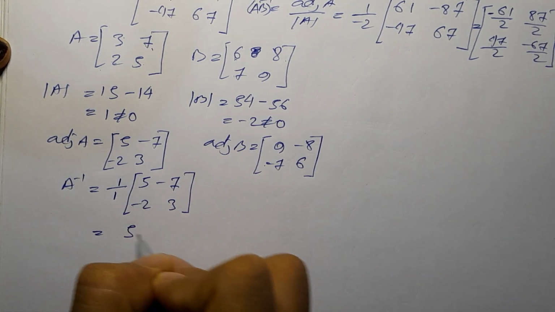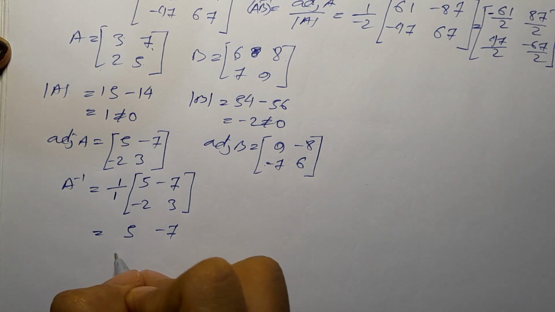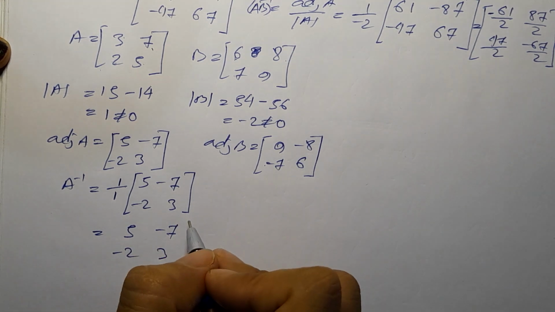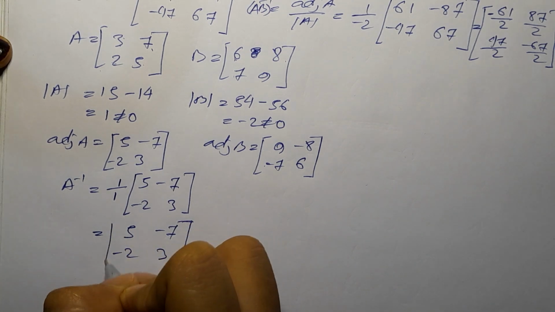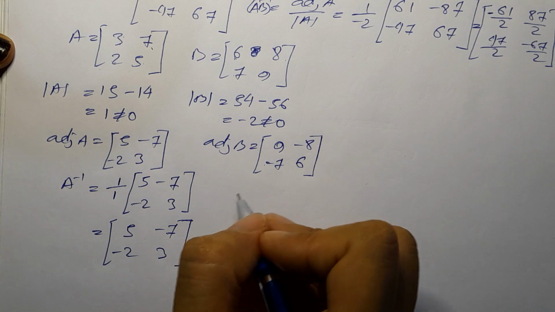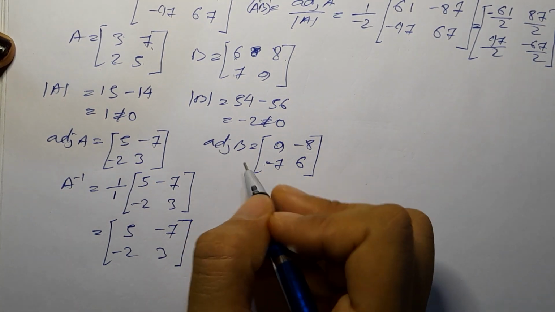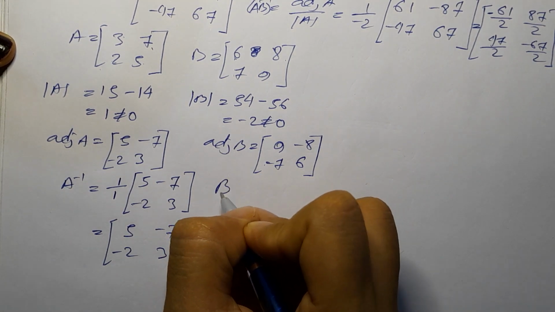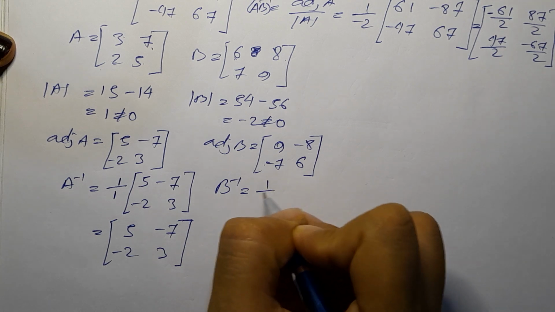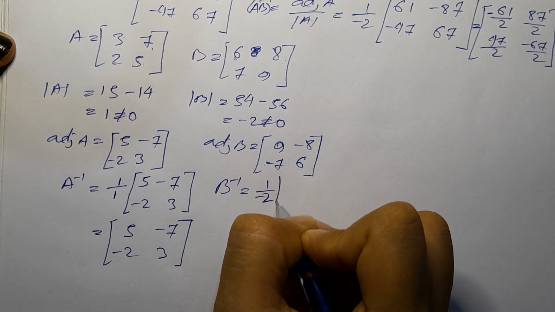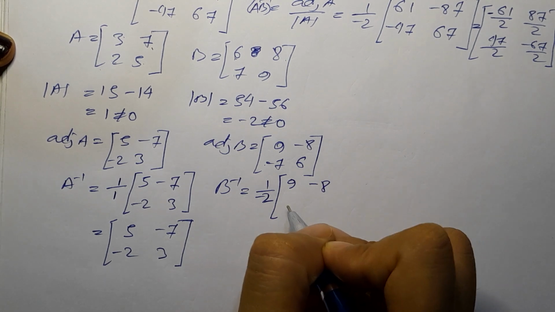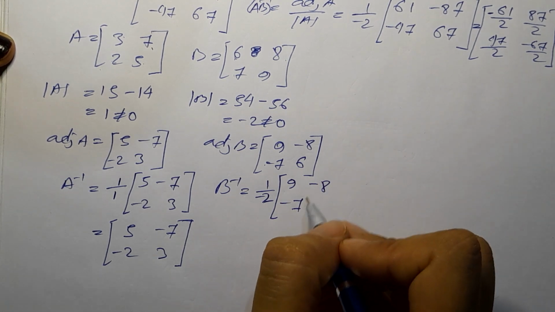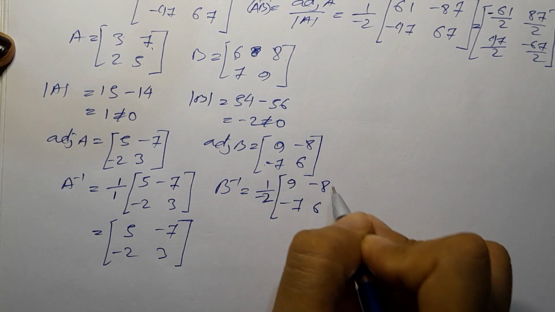And for B inverse, 1 divided by minus 2, times 9, minus 8, minus 7 and 6.